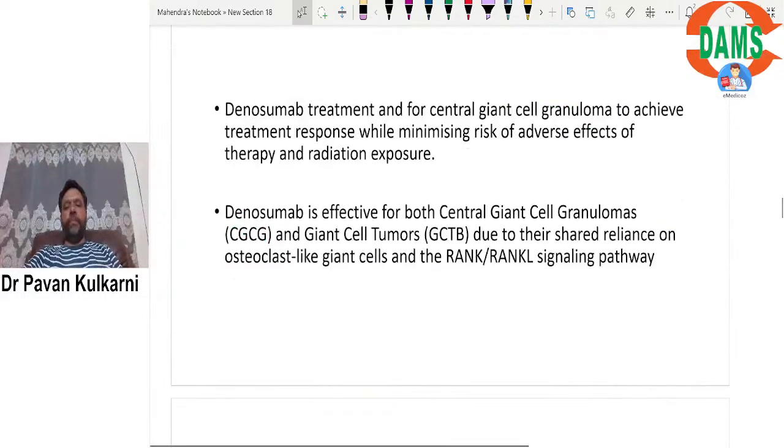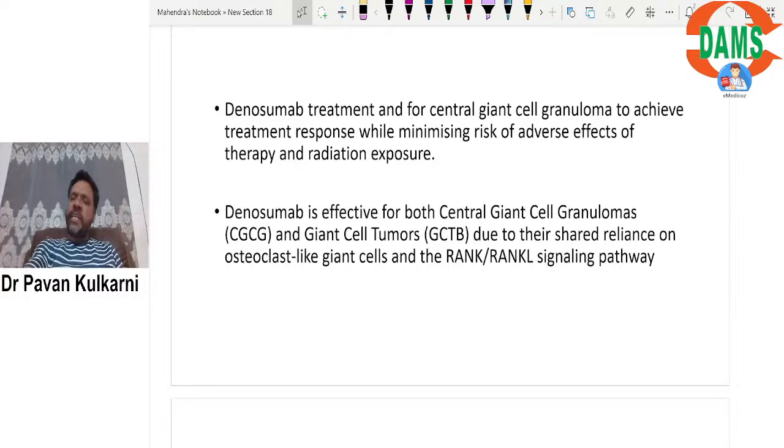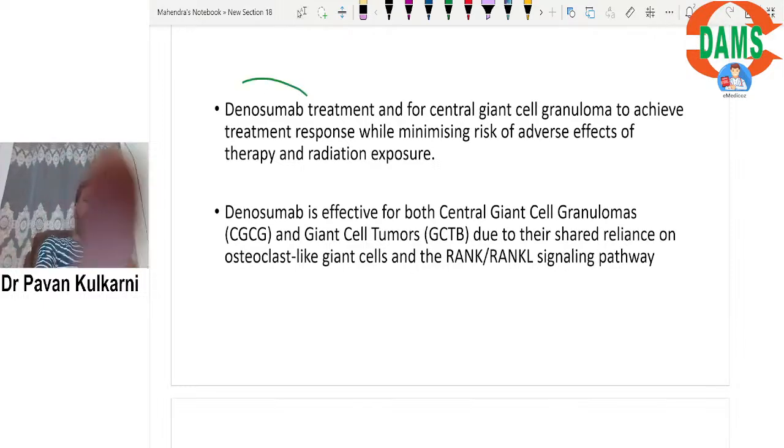Now let us move on to one of the important recent concepts which we should be aware of: for CGCG, there is a treatment which is denosumab. What is this exactly? Denosumab is a RANKL inhibitor. We know that denosumab will act against the osteoclasts. What is happening in CGCG is osteoclasts are activated.